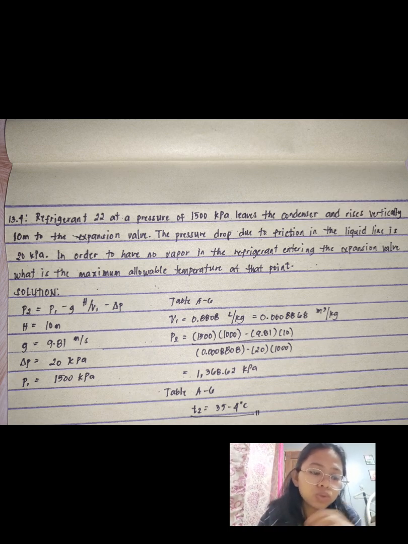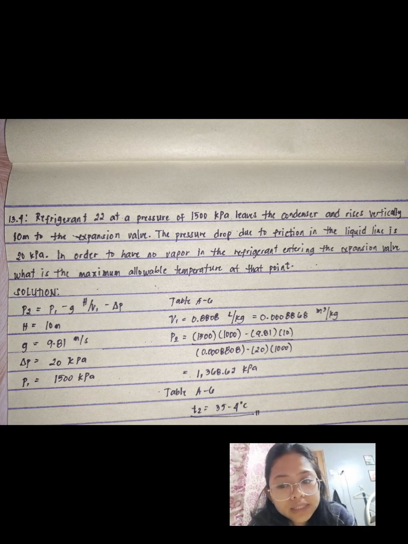So, to solve the solution, we have our given P2 is equal to P1 minus g, or minus the gravity, h over v1 minus ΔP. h is equal to 10 meters and g, which is the gravity, is 9.81 meters per second squared, and ΔP is equal to 20 kilopascal, and P1 is equal to 1,500 kilopascal.